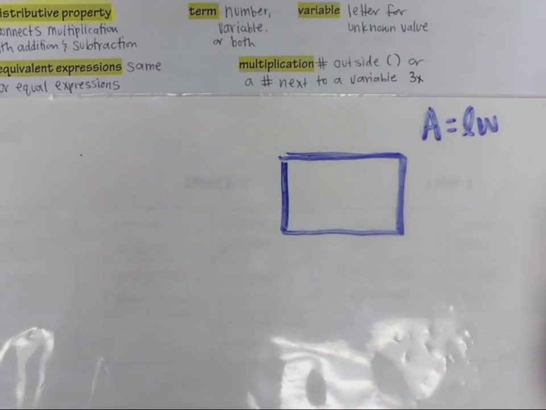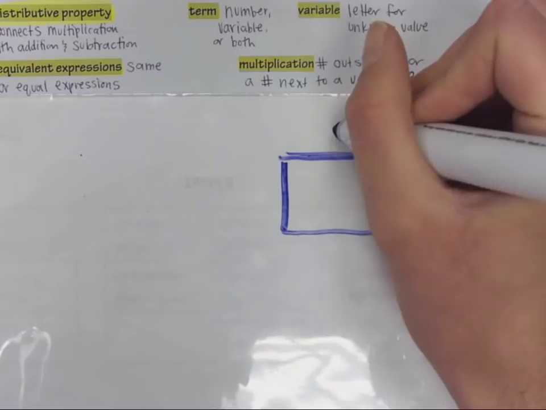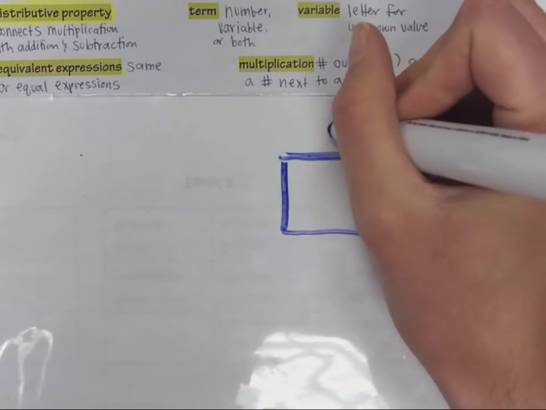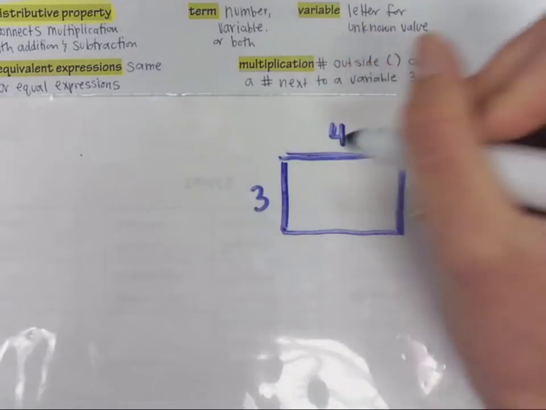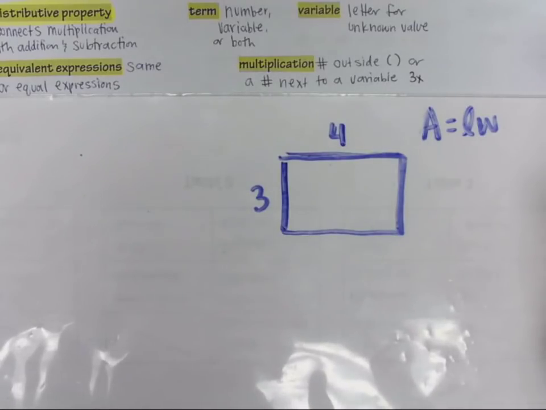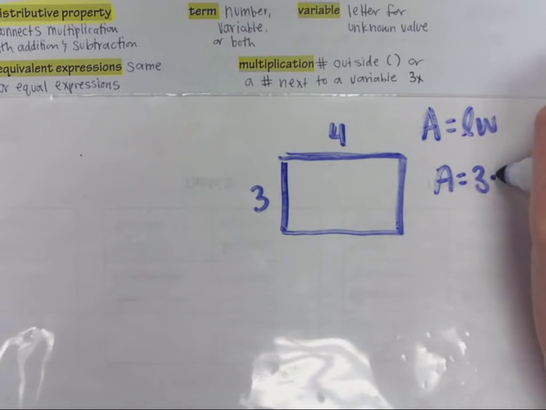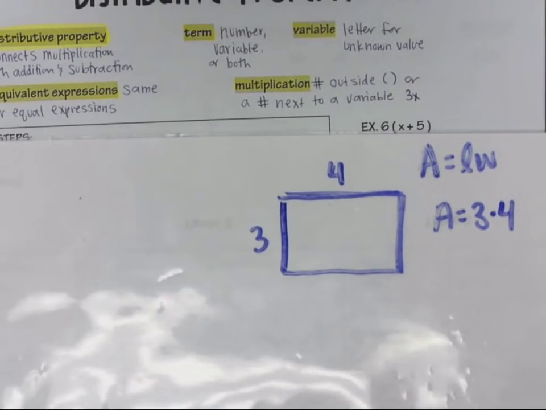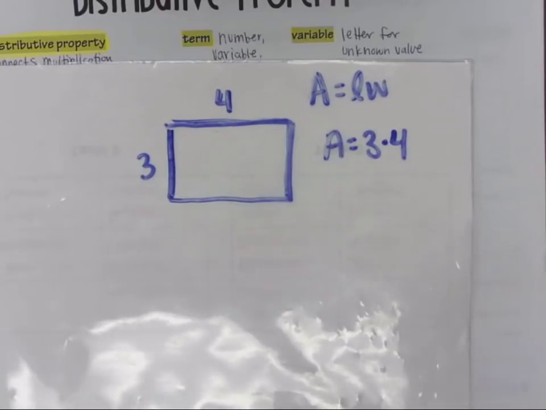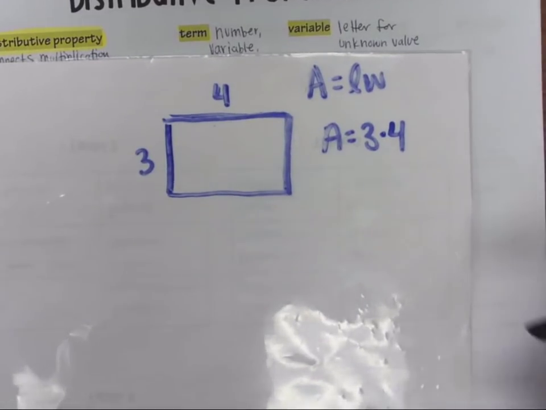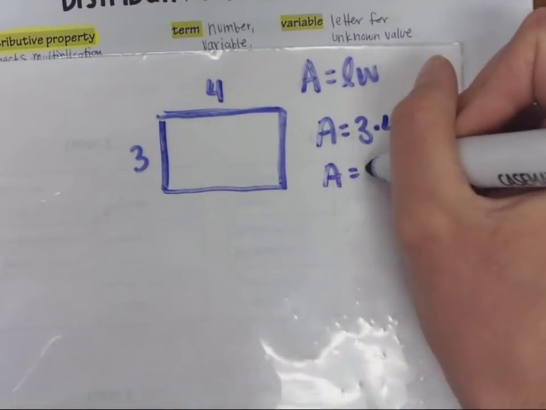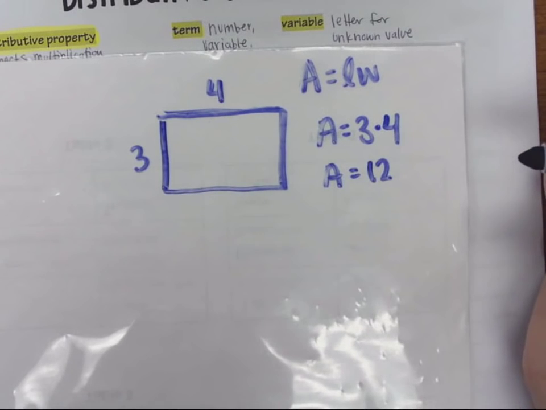So let's say that my length of this rectangle is 4 and my width is 3. I know that I can multiply these together and my area would equal 3 times 4. I'm going to slide that over a little bit so you can see it. My area would equal 3 times 4, or my area would equal 12 once I multiply those together.